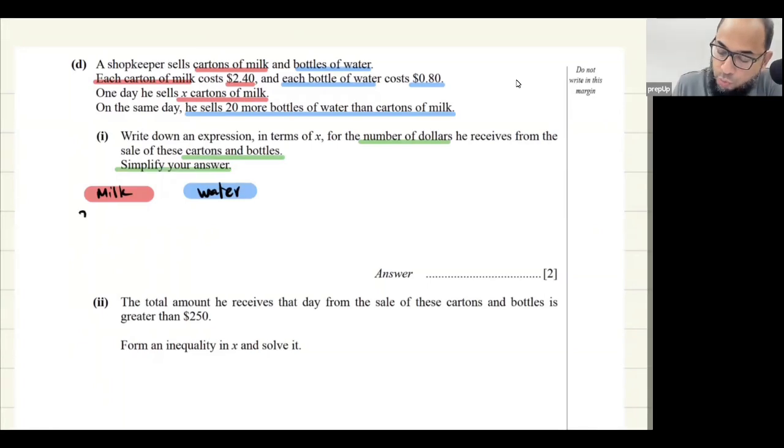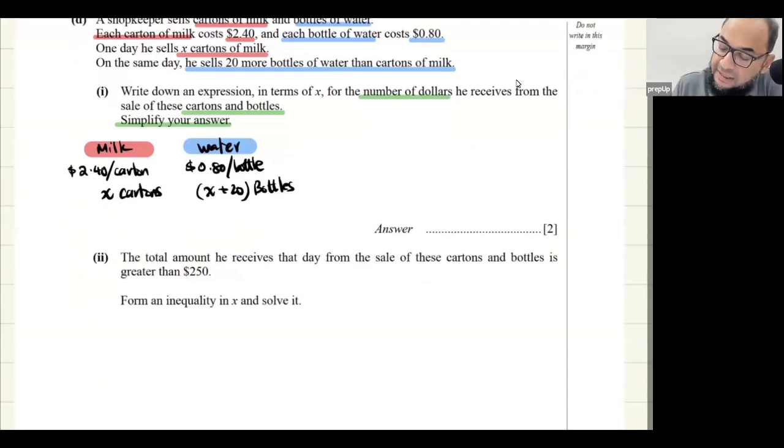Each costs $2.40 per carton. Bottle is $0.80 per bottle. He sells X cartons of milk. So this is X cartons. And he sells 20 more, that is X plus 20 bottles of water.